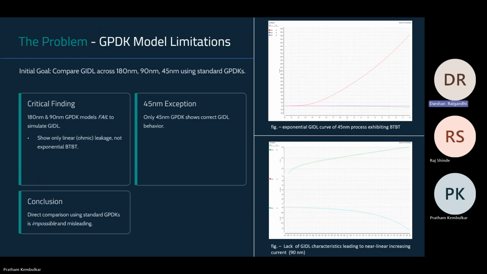Only the 45 nanometer model displayed a realistic exponential GIDL curve. This finding indicates that directly comparing leakage across nodes using unmodified GPDK models is misleading. Hence, our hybrid model framework was crucial to obtain meaningful and comparable results. A few of the results are shown on the next slide.